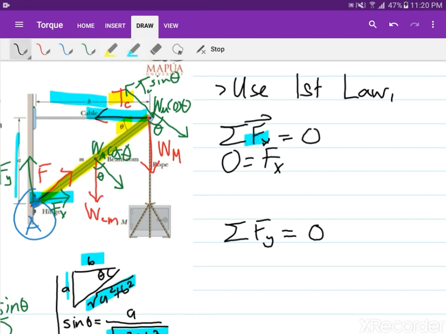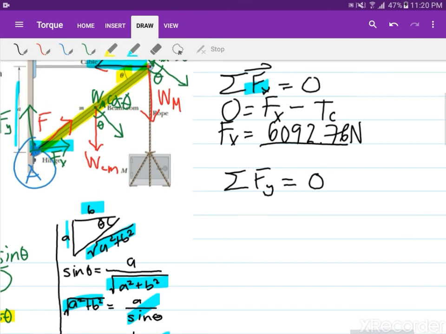Sorry for the redundant notations. So Fx minus Tc. These two forces balance out. So we get that Fx equals Tc, which is 6,092.76 newtons.